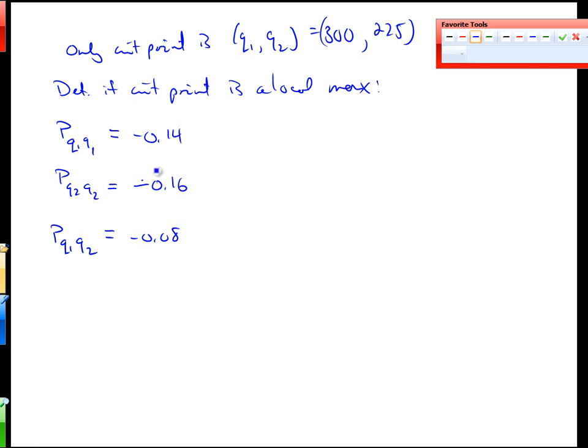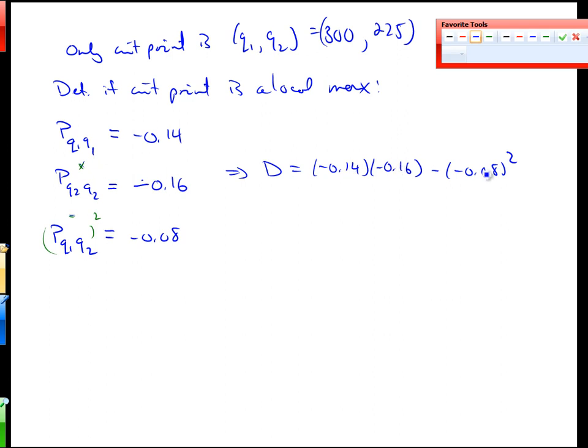So it turns out that these are not functions of Q1, Q2, or they're constant functions of them. So we can go immediately to our D, and I'm not going to write out the formula again. We know it's the pairing of these two minus, let's put it here, the product of these two minus this quantity squared, and that would be negative 0.14, negative 0.16 times, minus negative 0.08 squared.